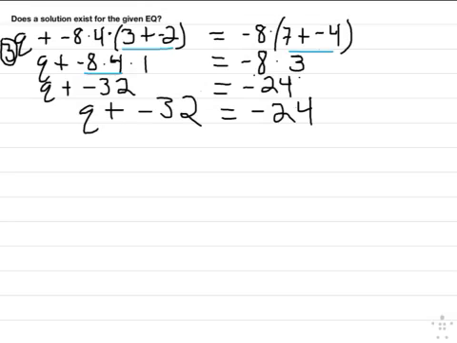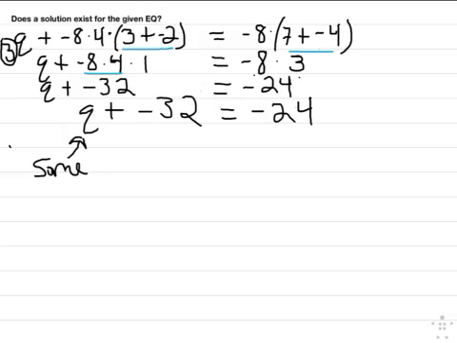Okay, well my question to you is, is there a solution for this? What I mean by is there a solution is, is there some number I can make, and here we'll go back to section 1-1, right? Let's think about this in words, and maybe help us visualize this.